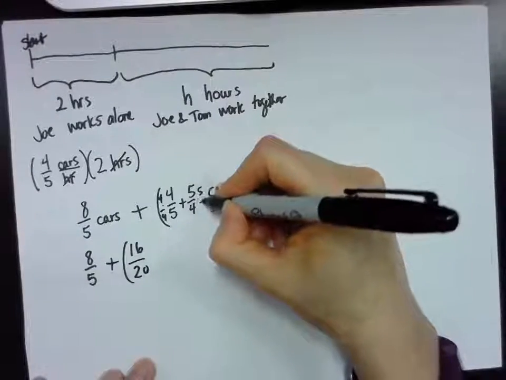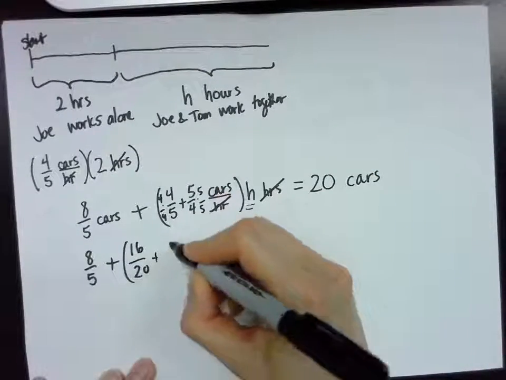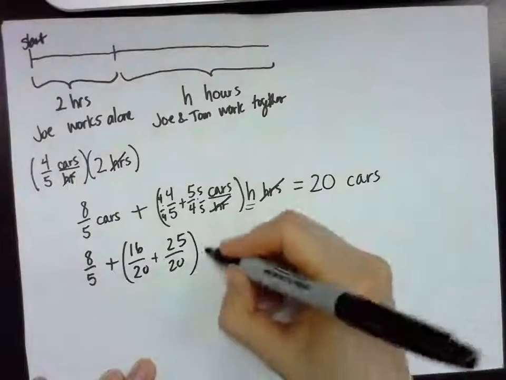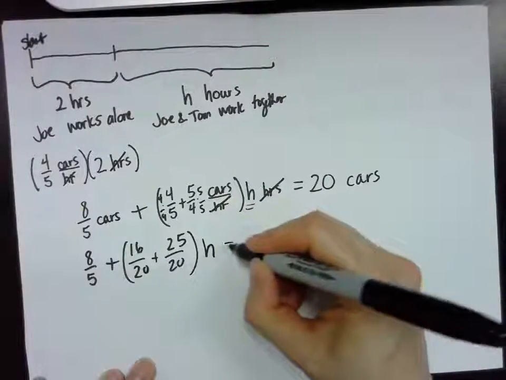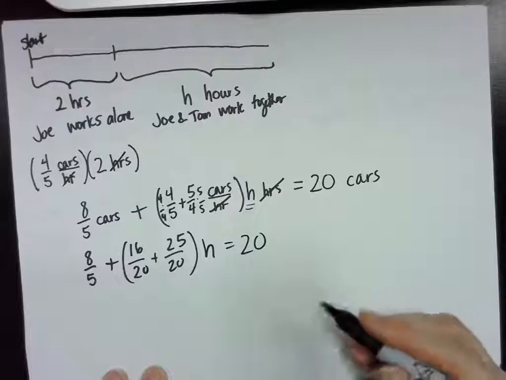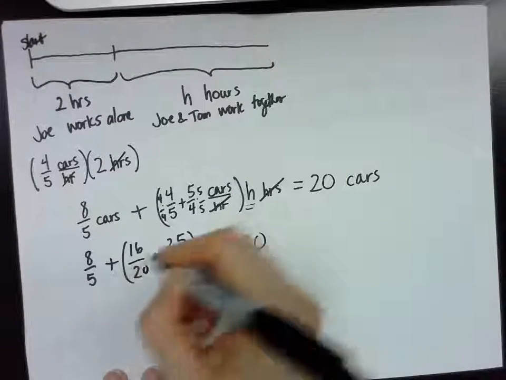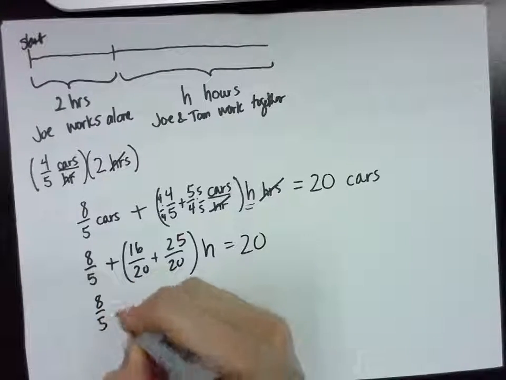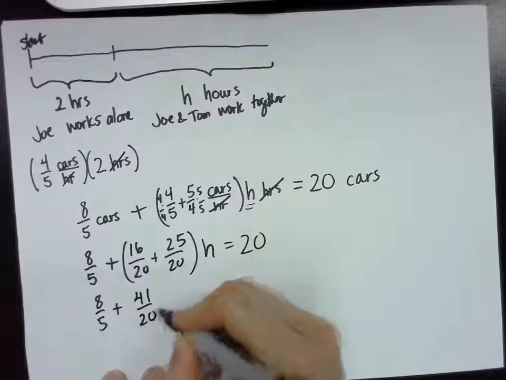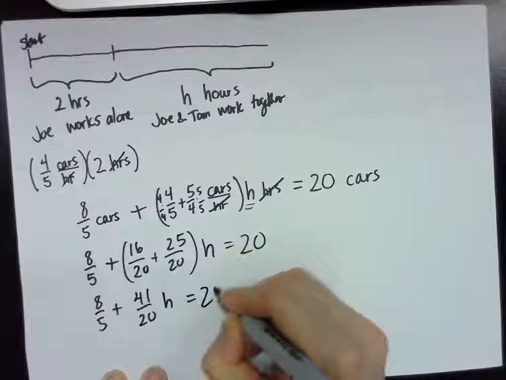Multiply this one by 5/5 and we get 25 20ths. Okay, and so let's add these first. So we have 8/5 plus 41 20ths H is 20.